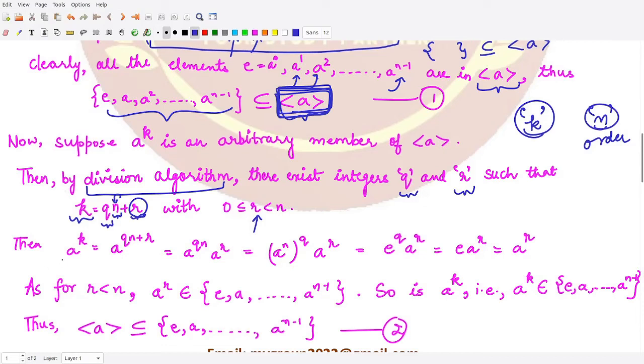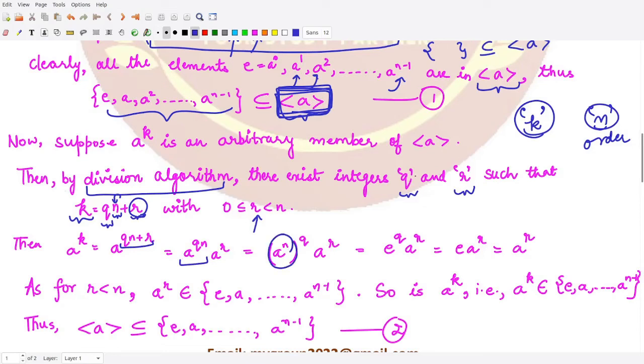Now the element a to the power k, because k is equal to qn plus r, can be written as a to the power qn plus r, and then you can separate out the terms: a to the power qn and a to the power r. You can write a to the power qn as a to the power n, raised to the power q, times a to the power r. And what is a to the power n?